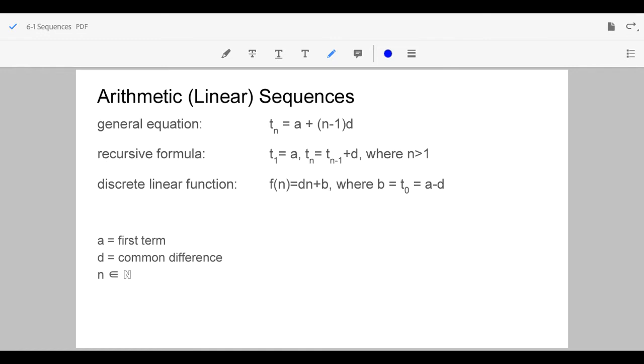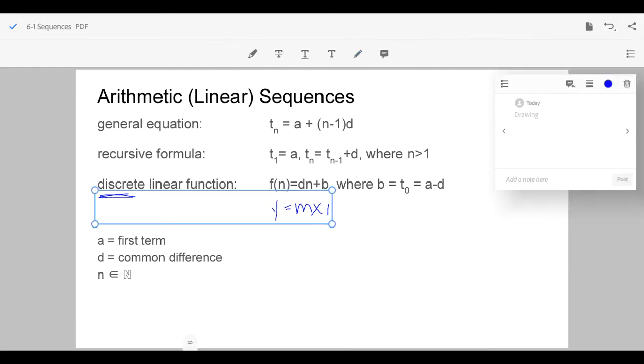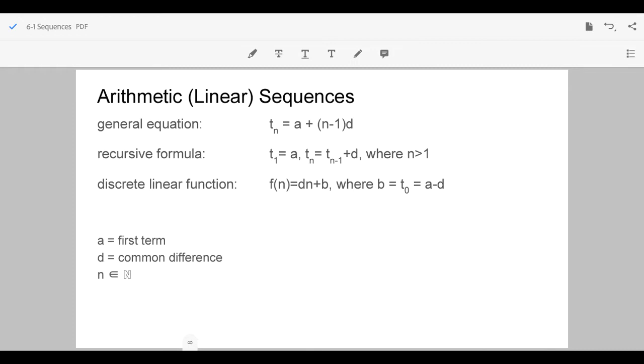And we can write this as a discrete, remember that term, discrete linear function, f of n, where it honestly looks like y equals mx plus b. So here we have that y-intercept, b, and instead of m times x, x is now n, and our common difference is our slope.